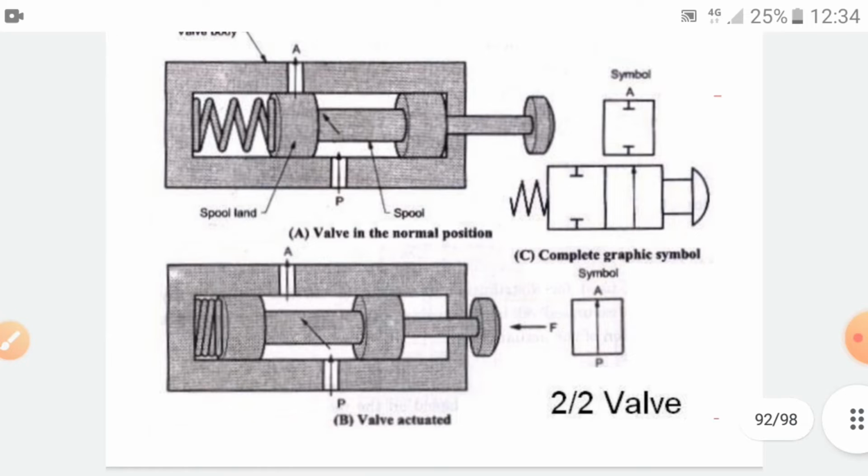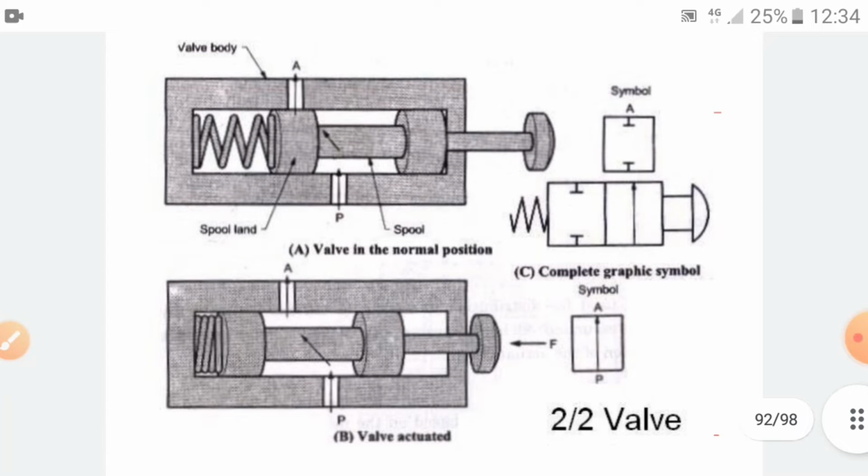So we can see here a 2 by 2 directional control valve, a two-way and two position directional control valve construction, and its symbol. Figure A shows the valve in the normal position and figure B shows the valve in actuated position.